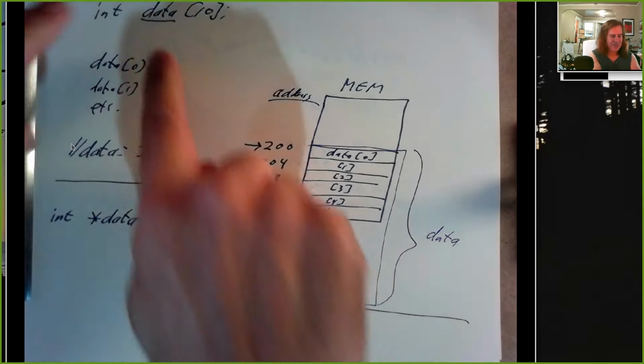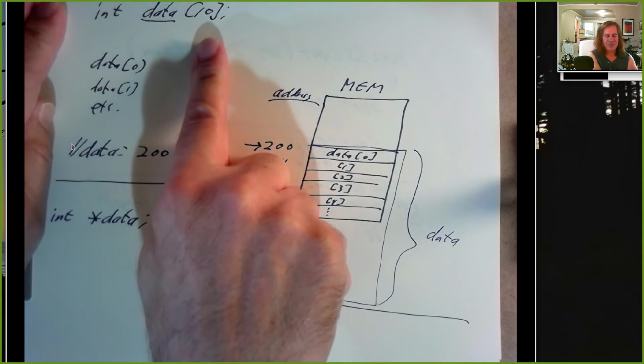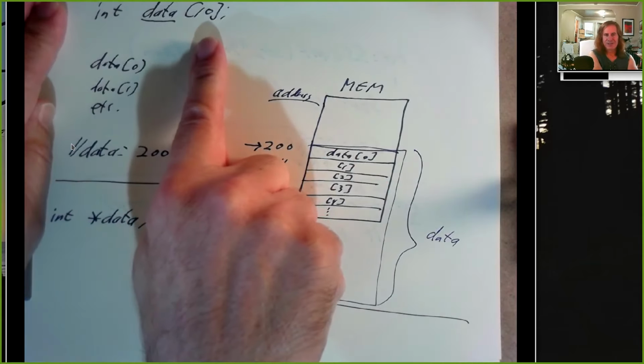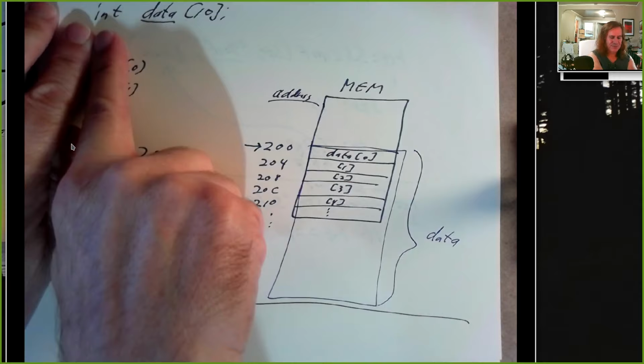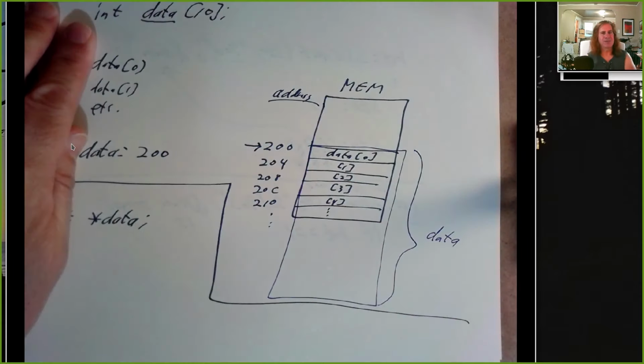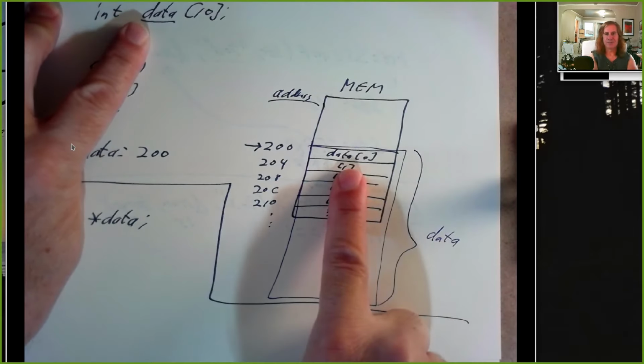All right. But up here, when I say integer data bracket 10, a lot more is happening. I'm asking the compiler and the linker to find a spot with enough memory to store 10 integers, set that aside so nothing else will try to use it, and then set data equal to the address of that first integer.